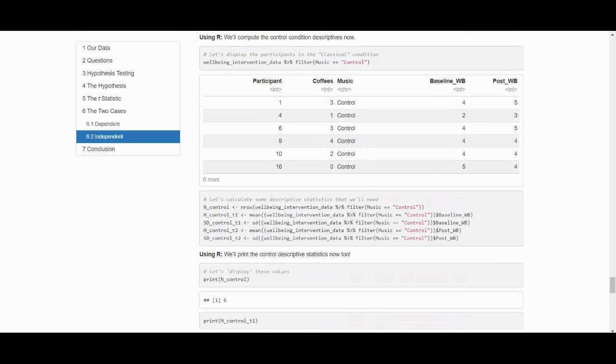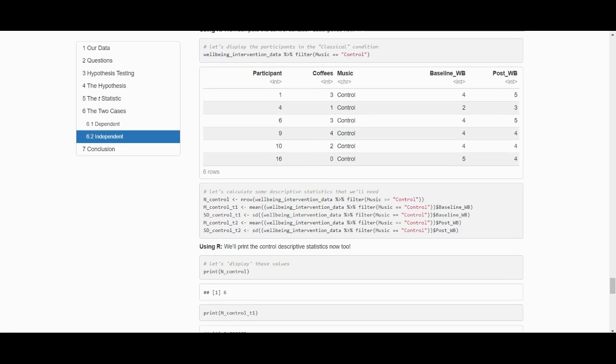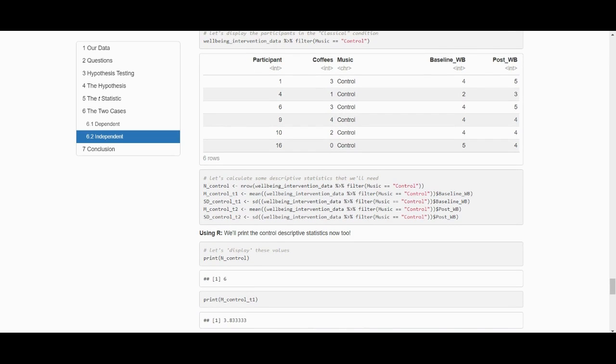So again, we're taking our entire data set and we're filtering it by only the control music participants, the ones who didn't receive any music throughout the week. So we're going to calculate some descriptive statistics on this table, just as we did above.